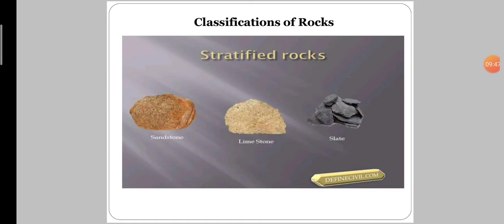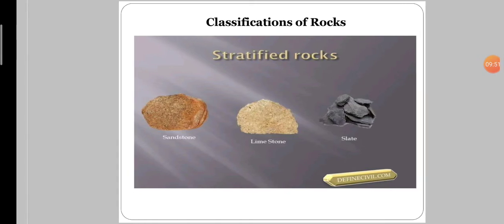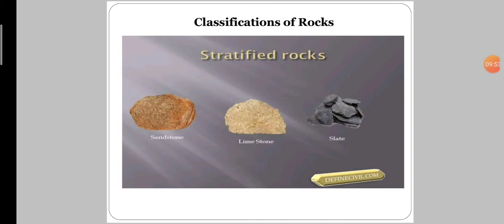So it is also coming under igneous or sedimentary rocks, but we are classifying based upon the layers formed in the structure. Based upon this, we are segregating this as stratified rocks. Examples of these rocks are sandstone, limestone and slate.